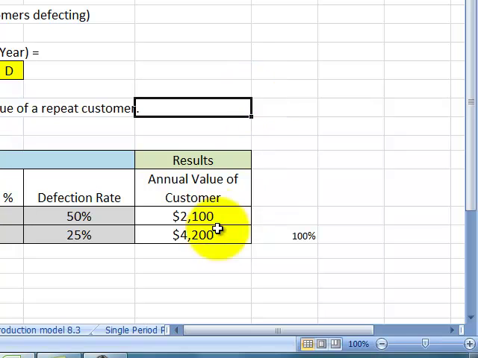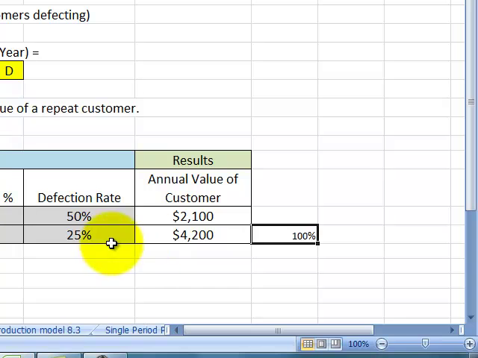So when we do that, we get the annual value of each customer of $2,100. Now, I gave you another example here. If we could cut that defection rate in half, from 50% to 25%, look what happens to the value of that customer. It doubles.